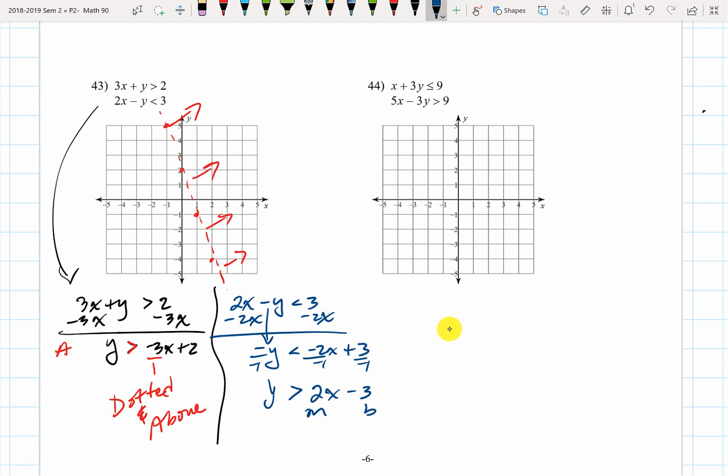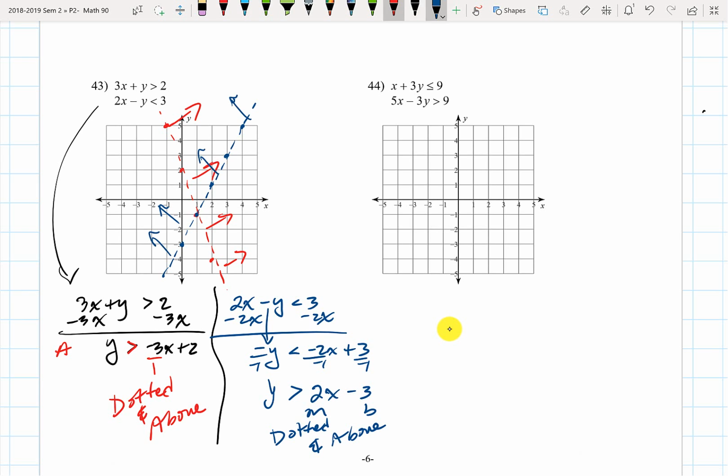Okay, so we're going to go starting at negative 3. We're going to go up 2, right 1. All right. And then it's going to be dotted and above because of the greater than symbol. So let's go dotted here. And then go above.